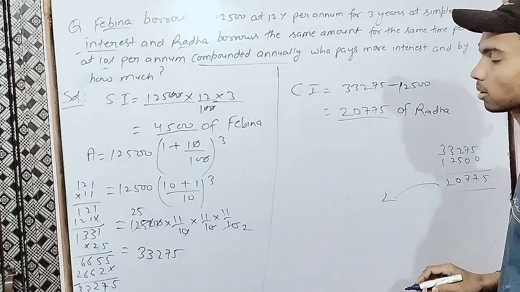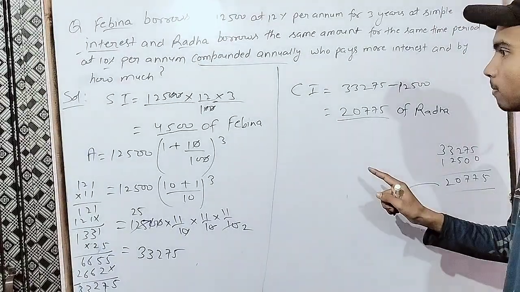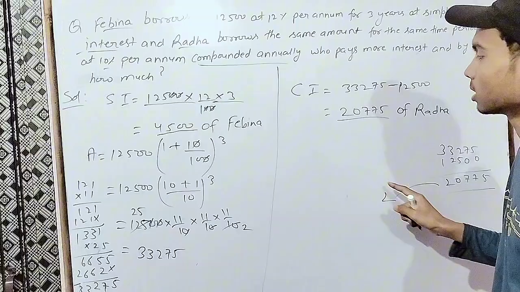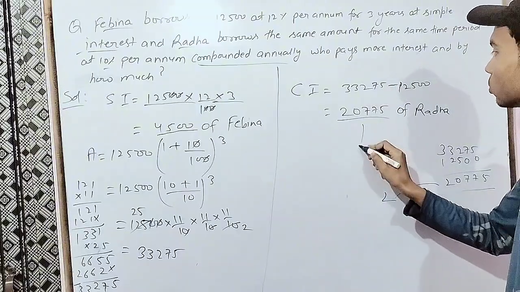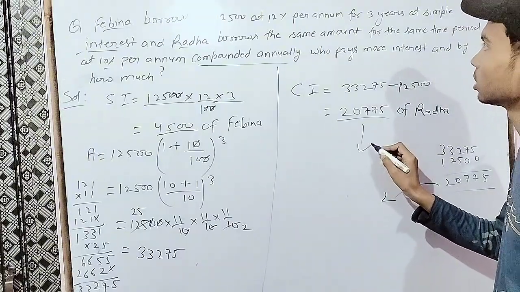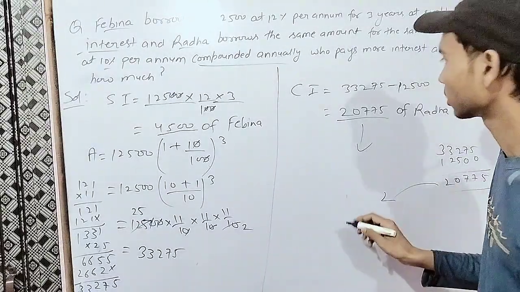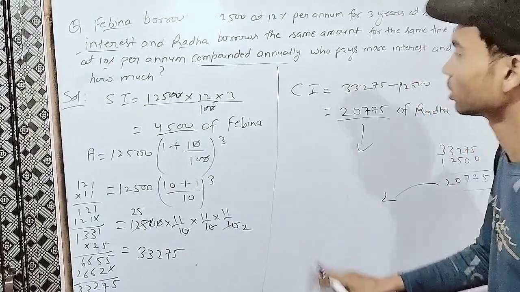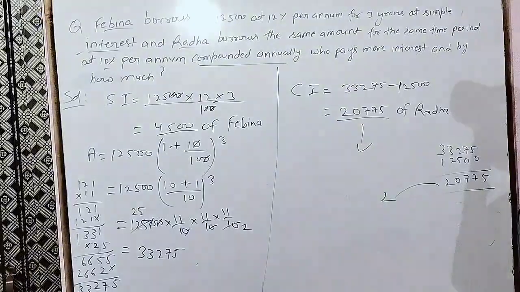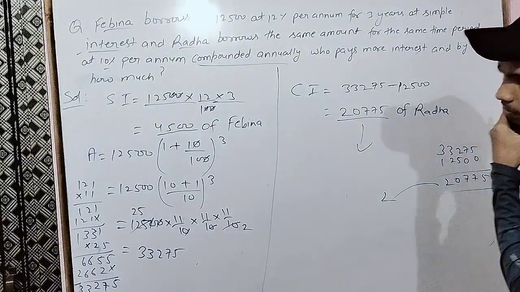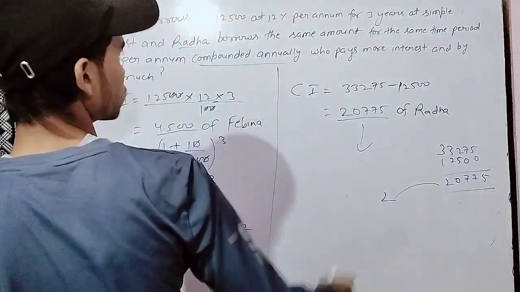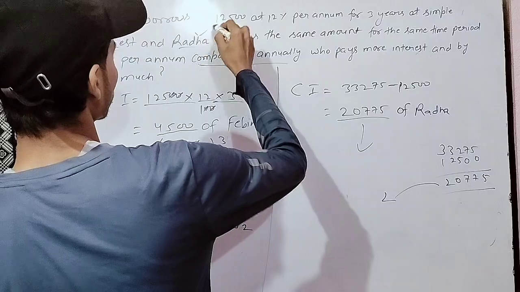Both are interest. Now, who is more? Who is more? This is. So this girl paid more interest. This girl paid more interest. Clear? So the answer would be this.